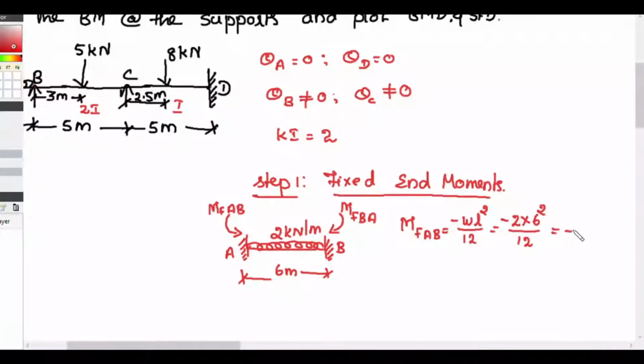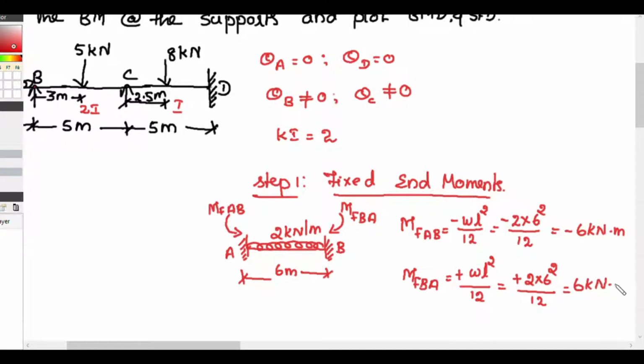So this is minus 6 kilonewton meter. Now similarly, MFBA, that is fixed end moment at B when the far support is A, will be equal to plus WL square by 12. So we get plus 2 into 6 square by 12, we get it as 6 kilonewton meter.